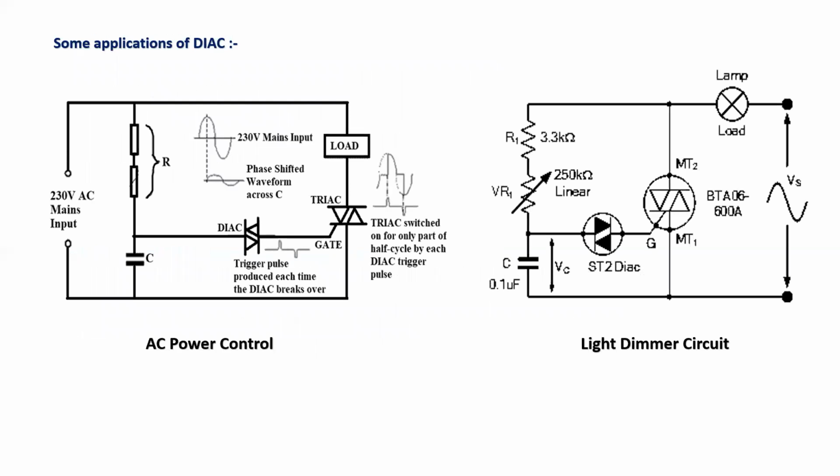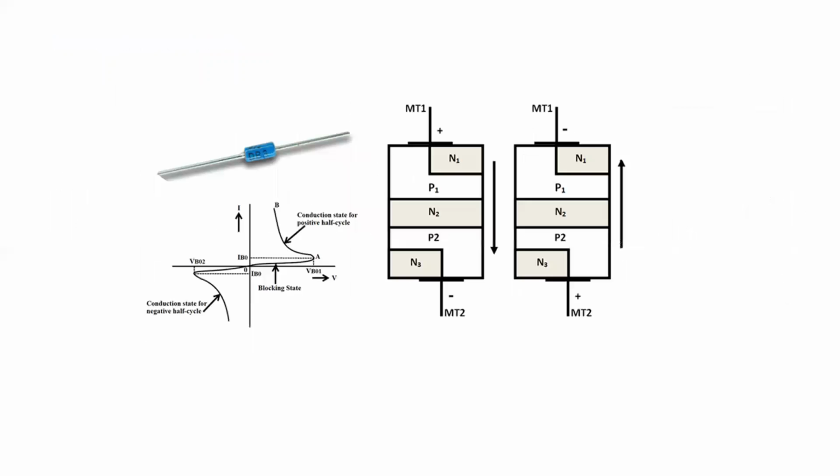Here we observe some circuits in which DIAC is used as a basic component, and the basic purpose of this DIAC is to trigger the TRIAC because the supply is AC. In this application we observe that it is an AC power control, and another circuit is the light dimmer circuit, in which we can control the intensity of the lamp by earlier or delayed firing of the lamp.